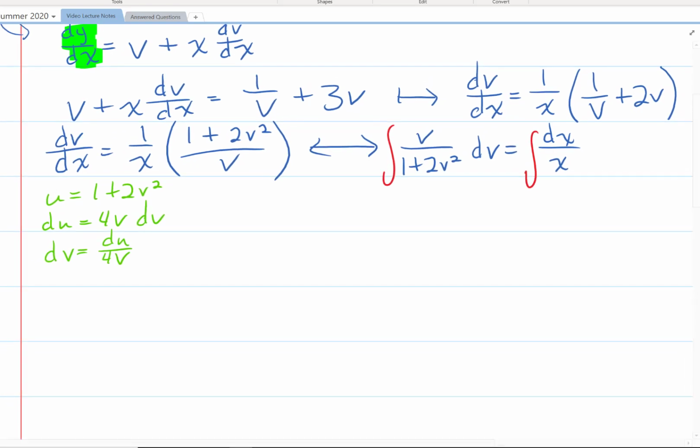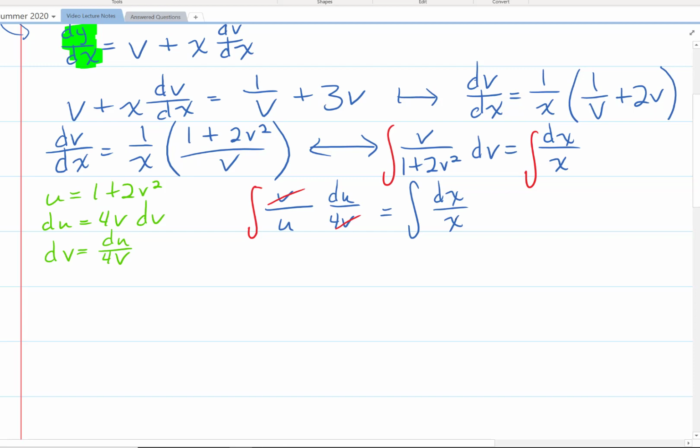And so our integrals are going to become, we've got our v over 1 plus 2v squared, that's our u. dv is du over 4v, and our v's disappear. Okay, so it's du over u equals the integral of dx over x.